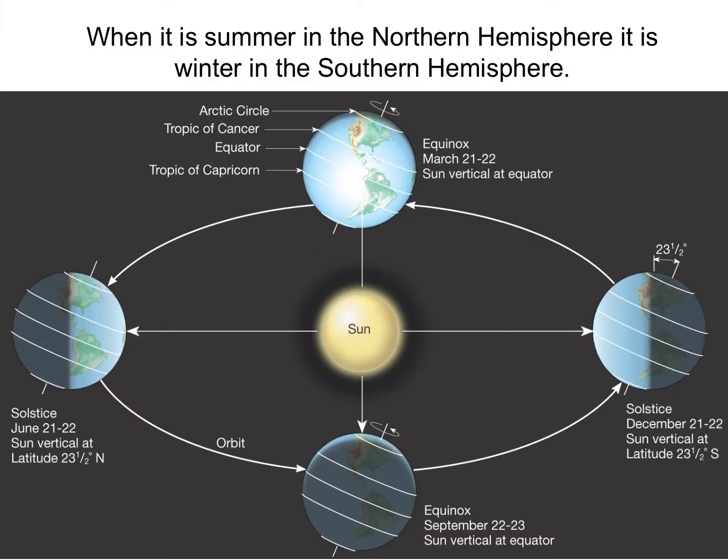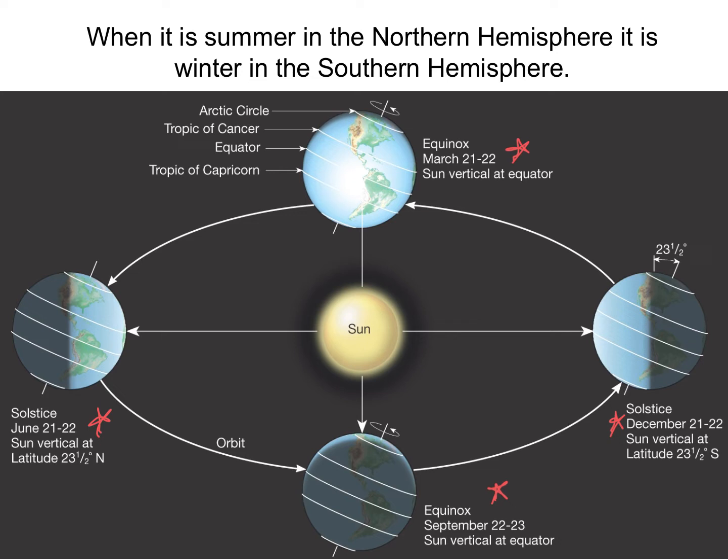So here we can see the whole process a little more completely. For the northern hemisphere, we have summer here, tilted toward the sun, fall here, tilted toward the side, winter here, tilted away from the sun, and spring here, again tilted toward the side.